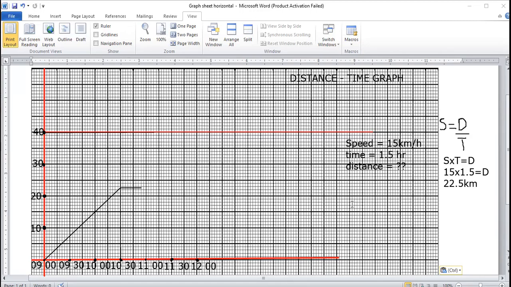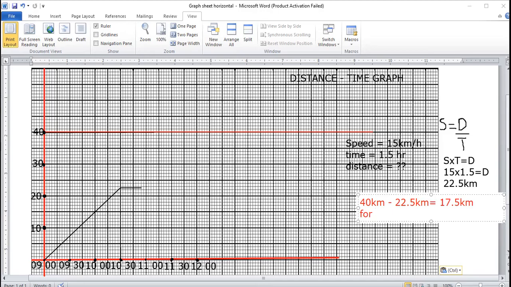The total distance was 40 kilometer, out of which 22.5 kilometer was covered by the cyclist. Out of 40, 22.5 was covered, so it means now 17.5 kilometer of distance is left to be covered.